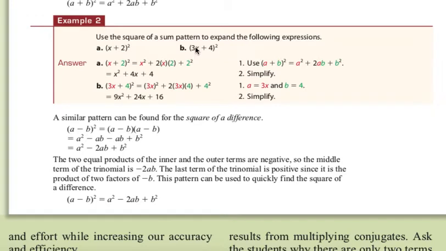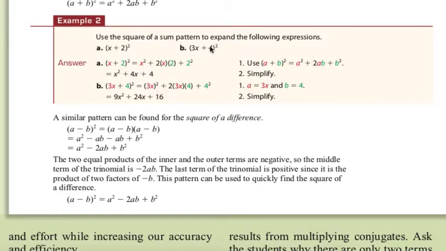Let's look at this guy. Okay, we're going to have the first term squared. So 3x squared is going to be 9x squared. Because if you notice, it's not 3x squared, it's 3x, that whole quantity squared. So that means you need to square that 3 too.